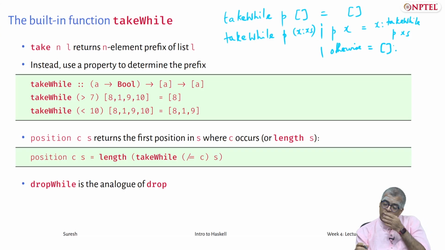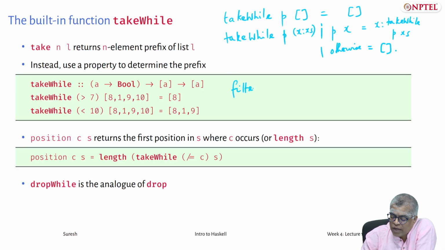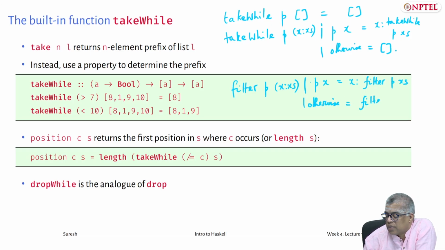Okay. Note the difference between this definition and the definition of filter. For filter, you would say filter P x colon xs, in case P x, then you will say x followed by filter P xs, otherwise filter P xs, right?